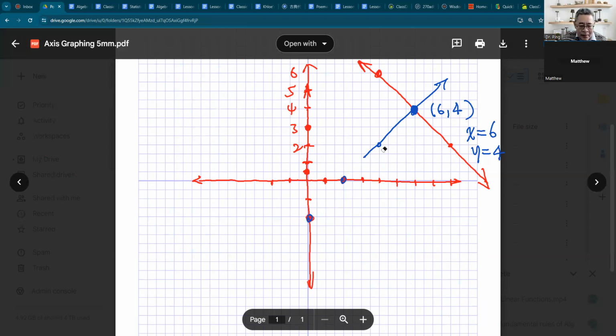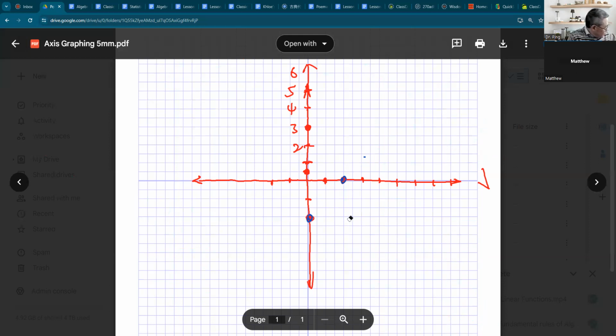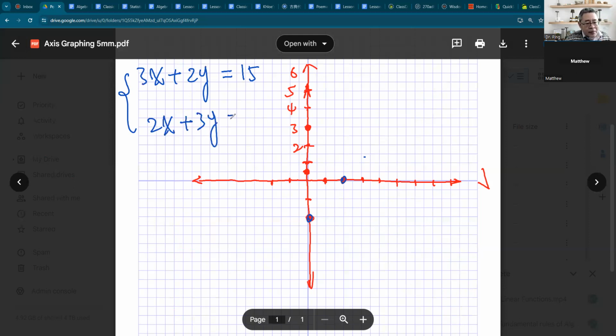Now we have some examples from before, and we got another one here: 3x plus 2y equal to 15, and 2x plus 3y is 25.